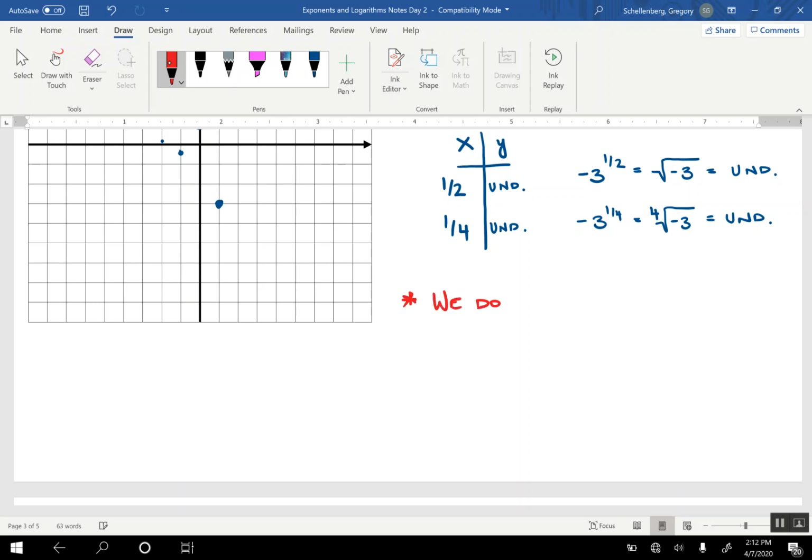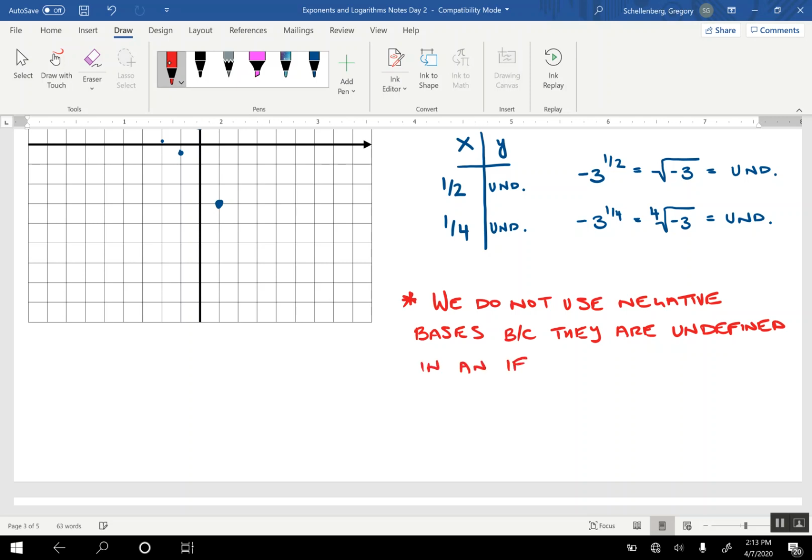We do not use negative bases because they are undefined in an infinite number of places.